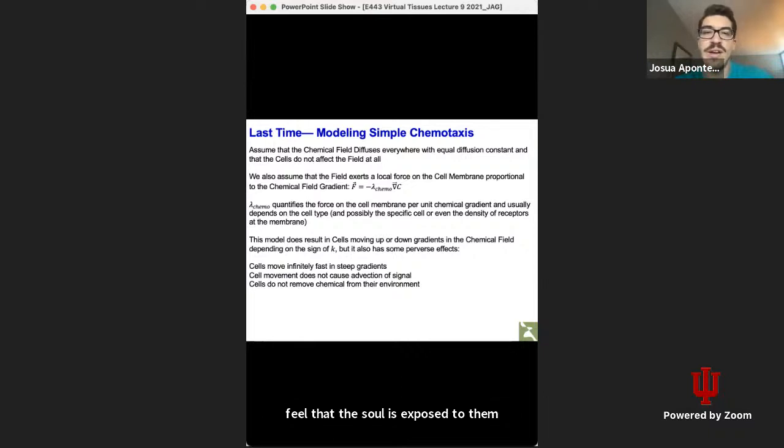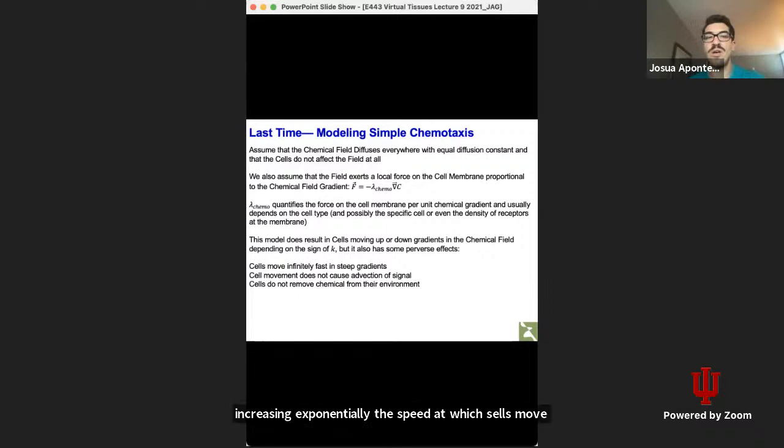The important idea here is that the response will be linear in the gradient, which means that if the gradient is linear, the response or the speed will be linear, will increase linearly, or it will remain constant. It depends, right?